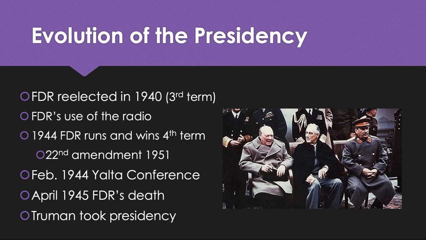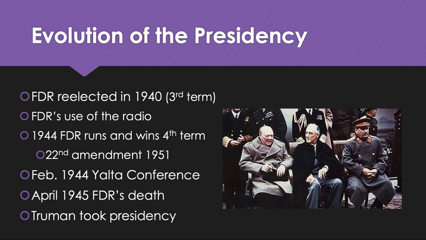FDR's death. FDR is going to die in April of 1945 from a cerebral hemorrhage, and it will be quick. He had been declining for some time at the beginning of 1944, and he had really taken a back seat.